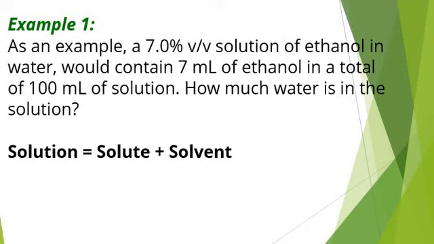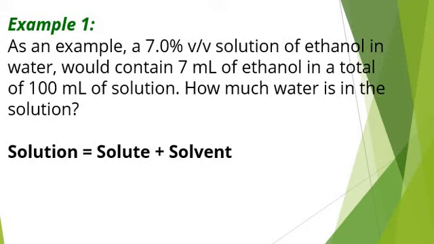As an example, we have a 7% volume by volume solution of ethanol in water, and it contains 7 ml of ethanol in a total volume of 100 ml of the solution. We have to make a 7% solution of ethanol, so 7 ml is ethanol and the total volume is 100. So how much water is needed? Very simple.